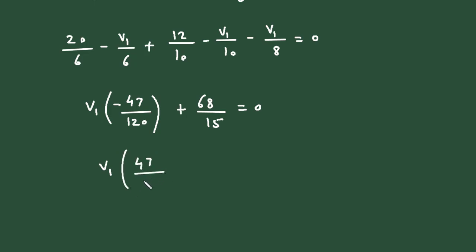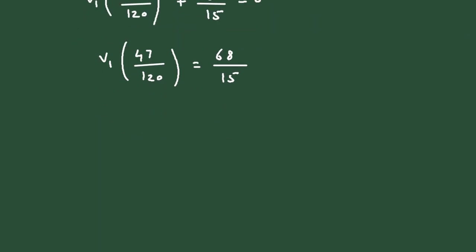47 divided by 120 V1 is equal to 68 divided by 15, and again V1 is equal to 68 multiplied by 120 divided by 15 multiplied by 47.